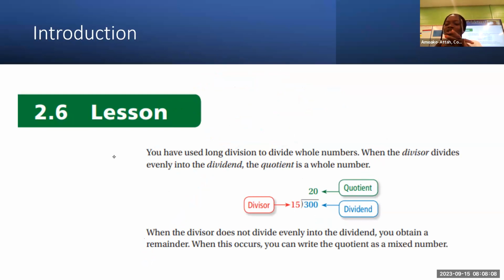The 16 that you are sharing becomes your dividend. Your 3 siblings will be your divisor, and your answer, of course, is that each sibling will get 5 candies. So the 5 becomes the quotient, right? Then there will be a remainder, or a leftover, of 1 candy.